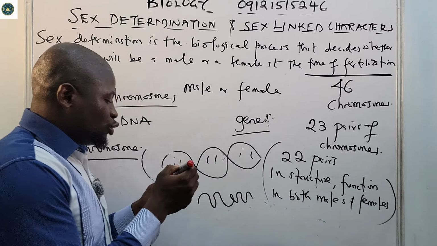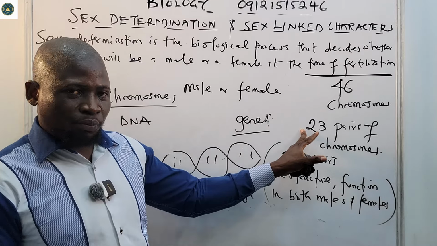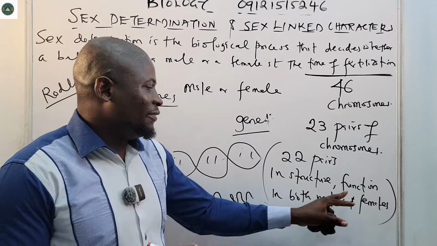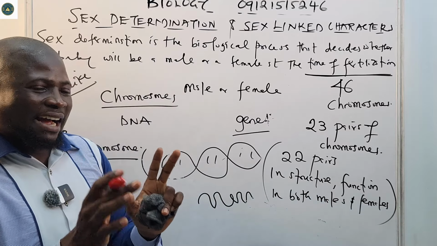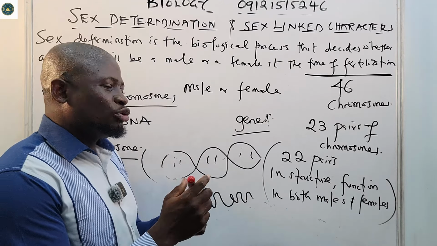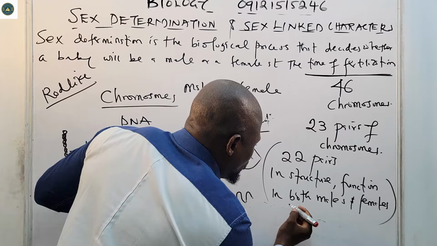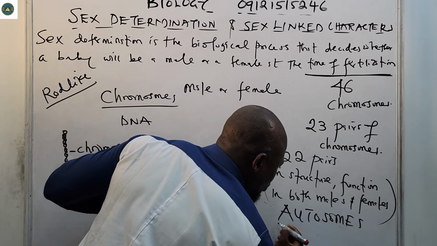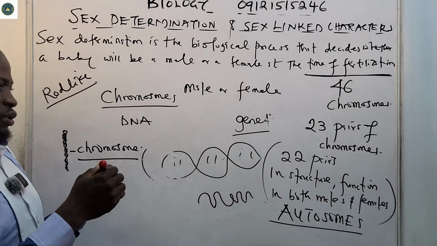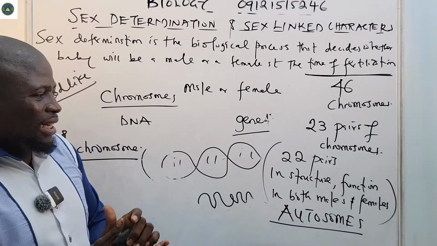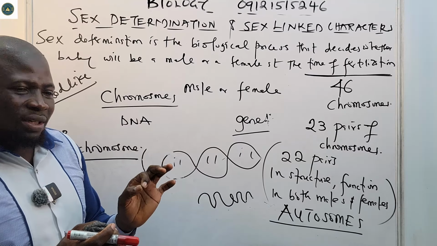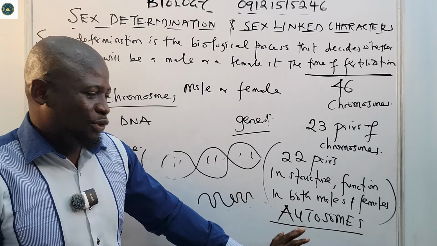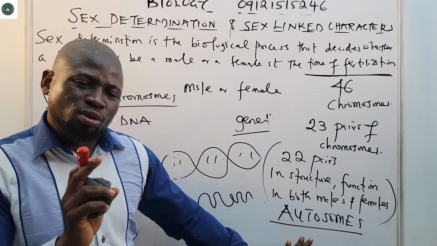These first 22 pairs of chromosomes are the ones we refer to as the autosomes. You must take note of that. So they are similar in structure and function in both the males and the females, and together, all of them are known as the autosomes.